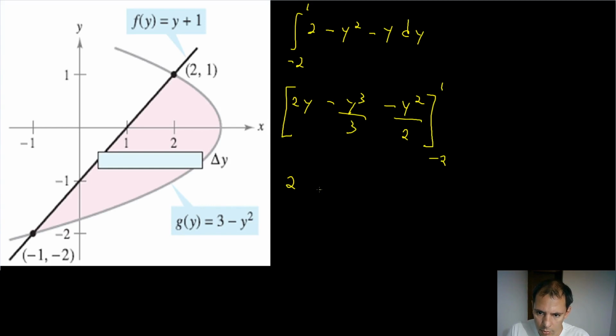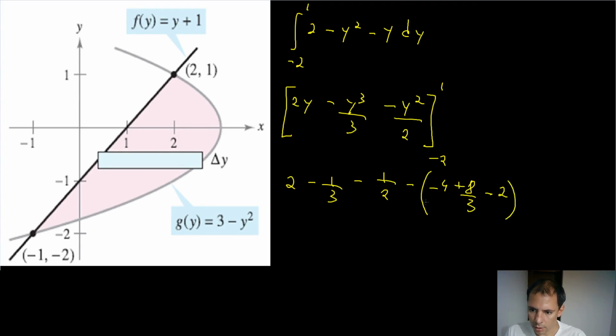So it'll be 2 minus 1/3 minus 1/2, minus, and you put a minus 2, so it's going to be minus 4, and it'll be minus 8 over 3 with the minus, plus 8 divided by 3. And putting a minus 2 here is going to be 4 divided by 2. This is just going to be a minus 6.